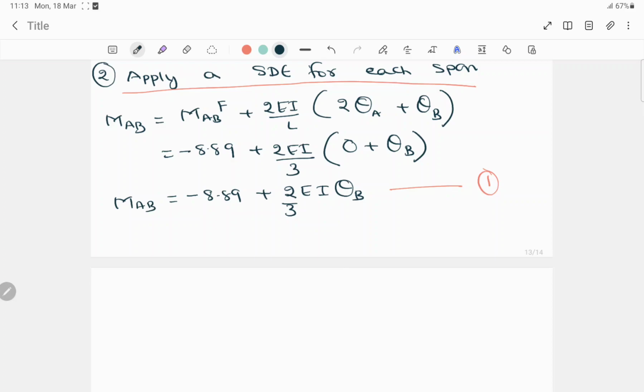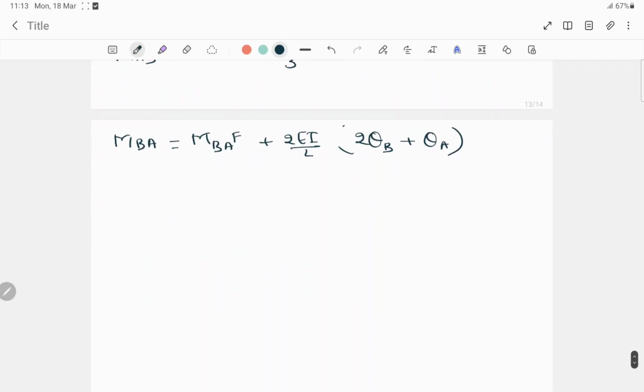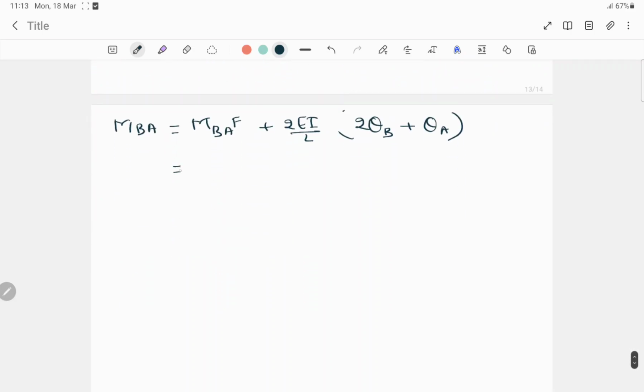Now for the B to A direction, again our formula is the fixed end moment B to A plus 2EI by L into 2 theta B plus theta A. We just need to put all the values here.